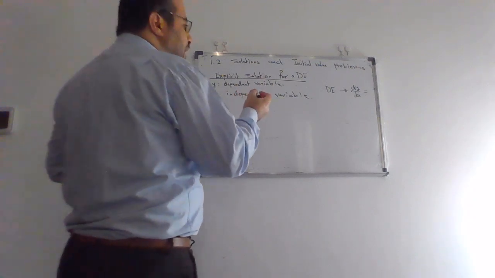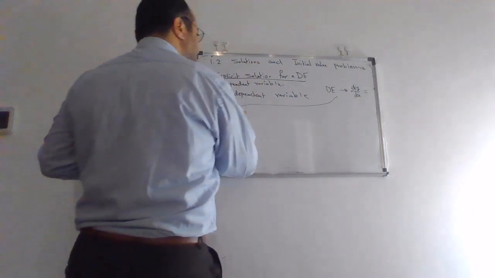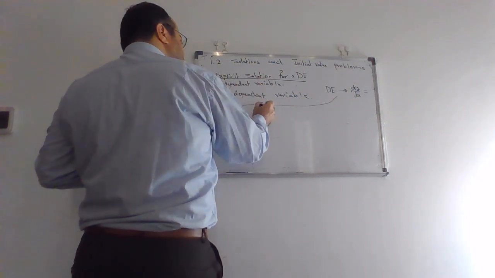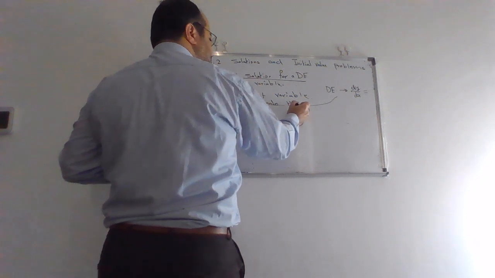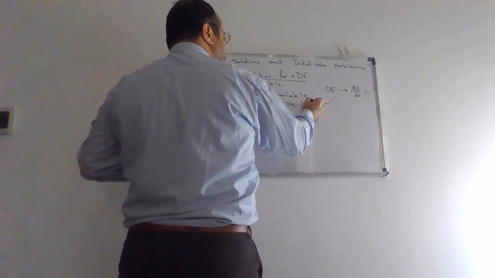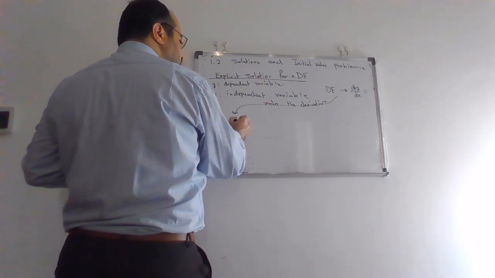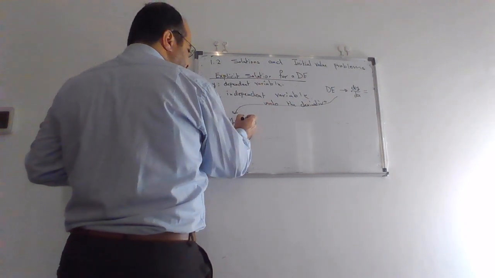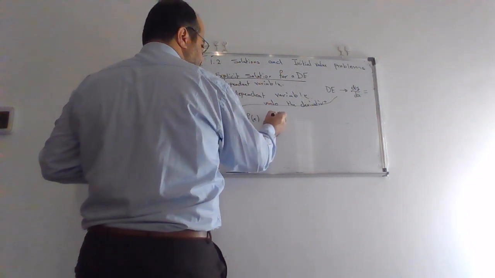Now, you will undo the derivative, so this is the differential equation. When you undo the derivative, what will you have? You will have maybe y equal to, say, a function of x.